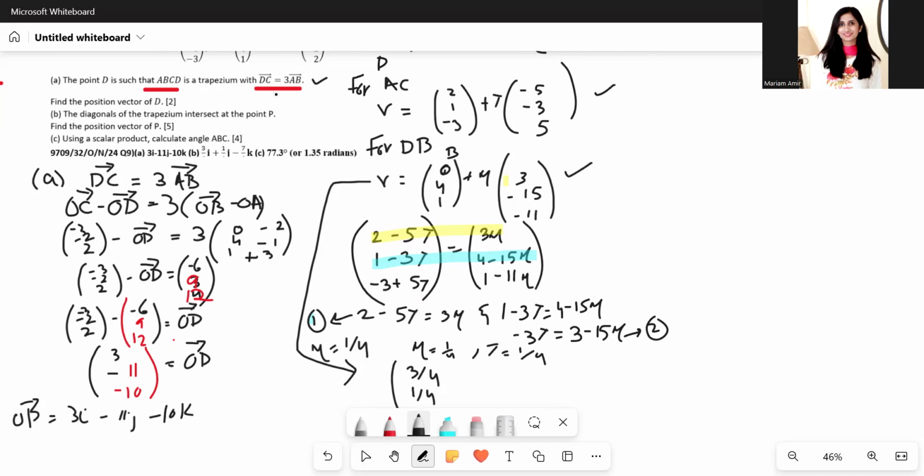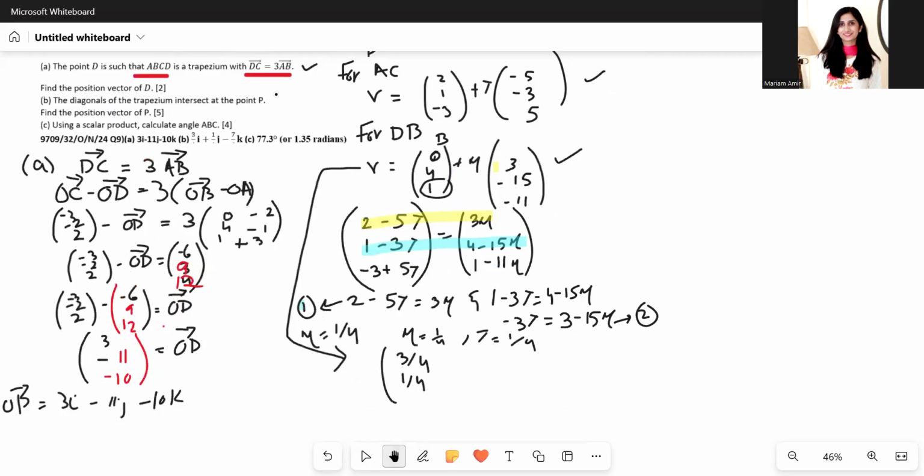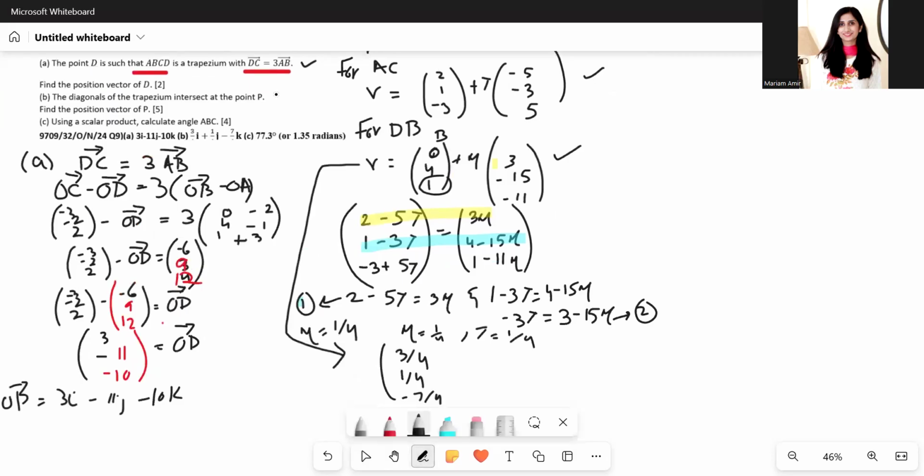And then we get 1 plus 1 by 4 times minus 11, that gives -7 over 4. So now we write it as a position vector. So OP equals 3 over 4 i plus 1 over 4 j minus 7 over 4 k.